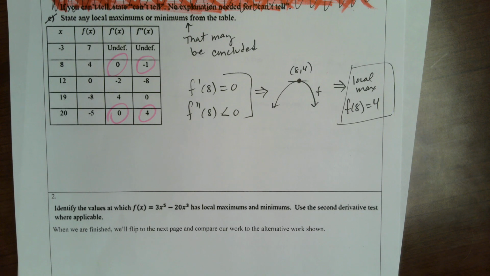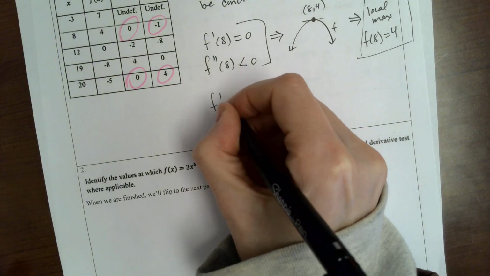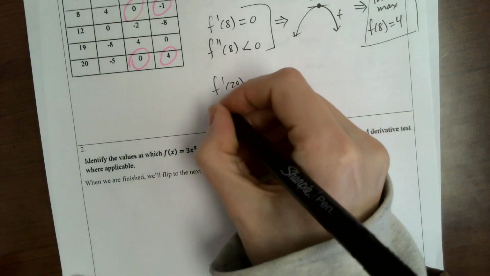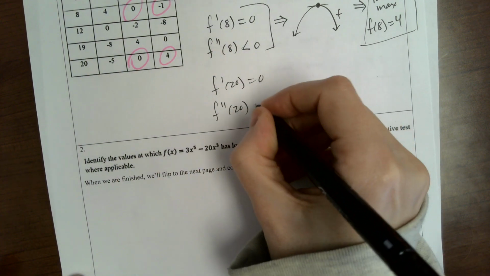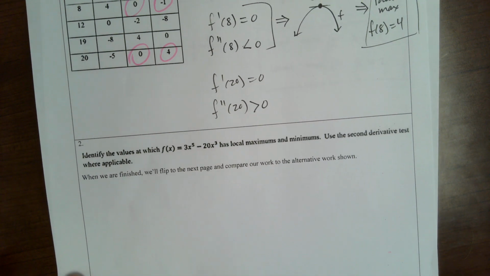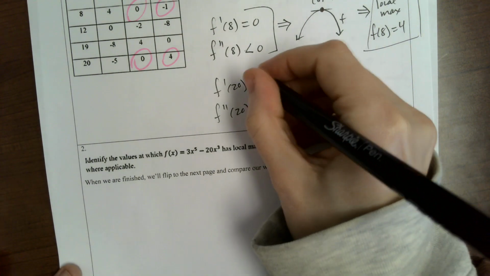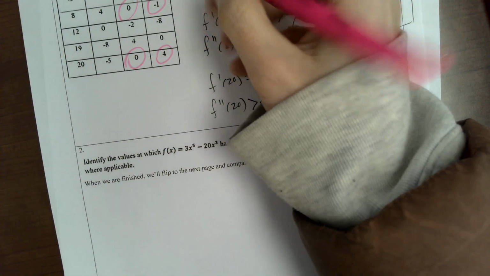Okay, now let's do the other one. So f prime of 20 is 0, so horizontal tangent. F double prime of 20 is 4, which is a positive number. So horizontal tangent and concave up. Maybe for our notes we should say that.